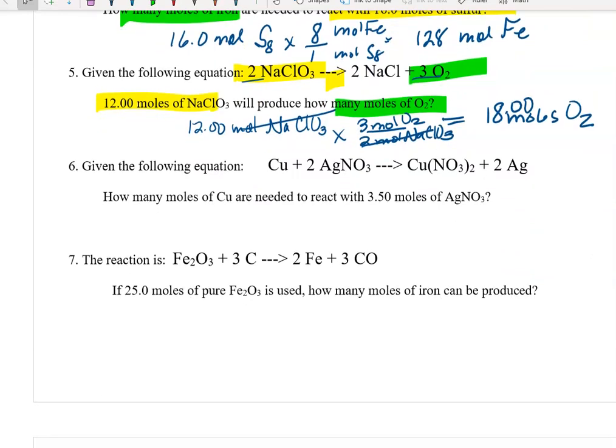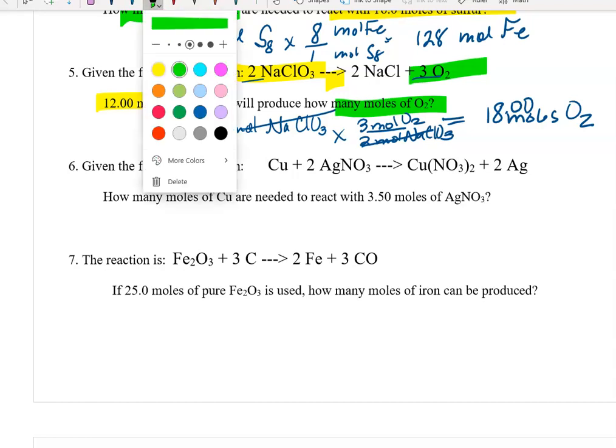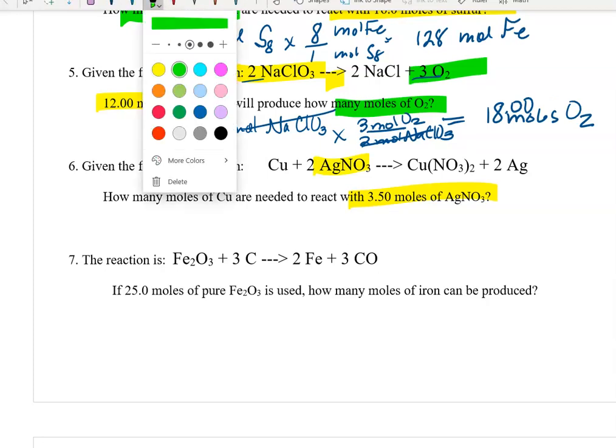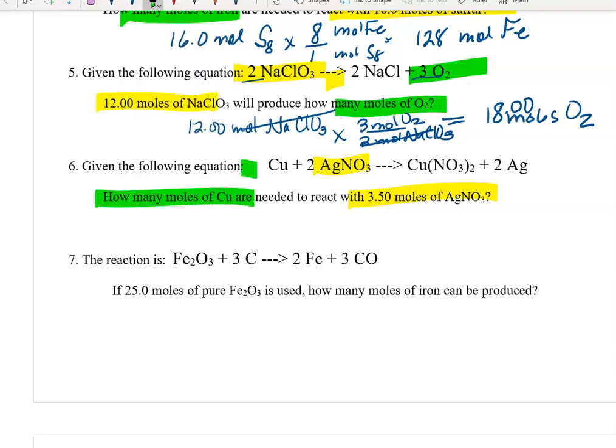The next one, our known amount, what we're given, is 3.5 moles of silver nitrate. And what we are solving for is how many moles of copper.